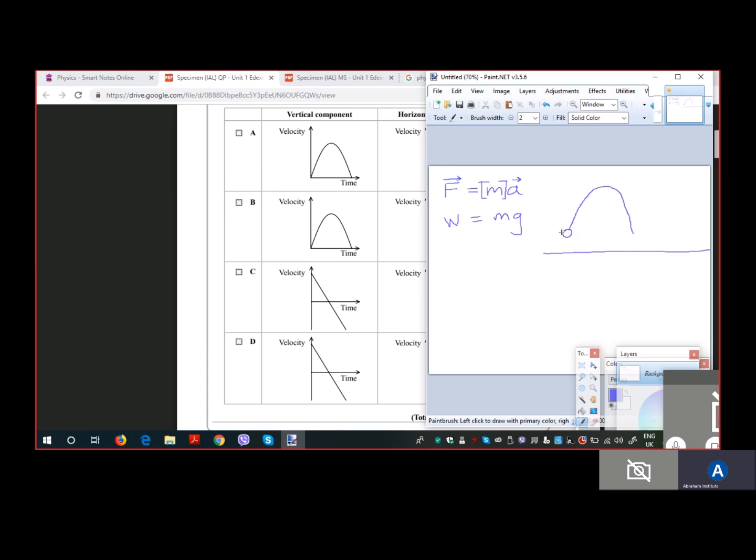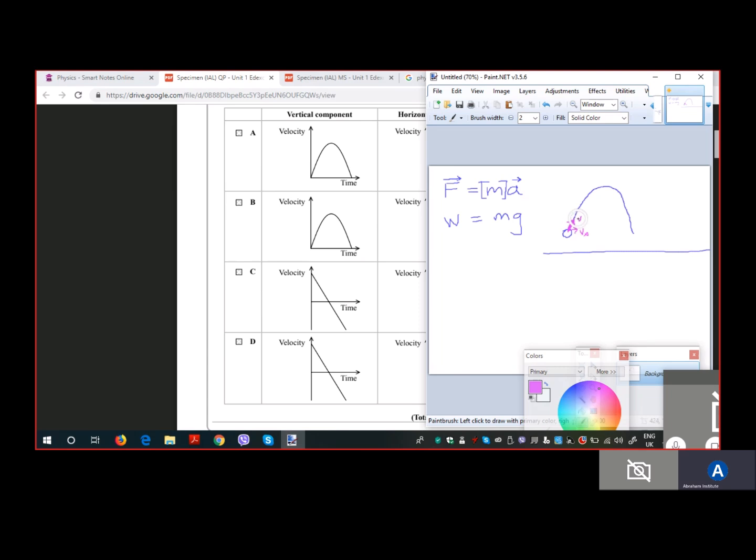Now there are two components of velocity. Let's say this is the initial velocity here, and I'll indicate it with an arrow. The component of this velocity this way, let's call it Vx.